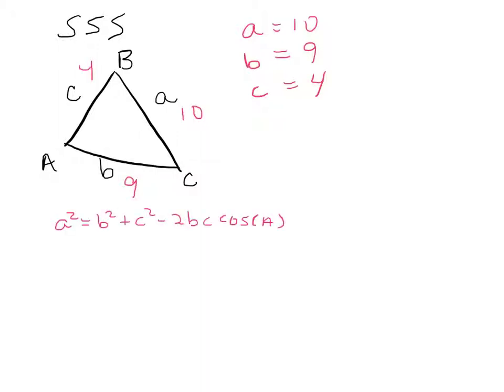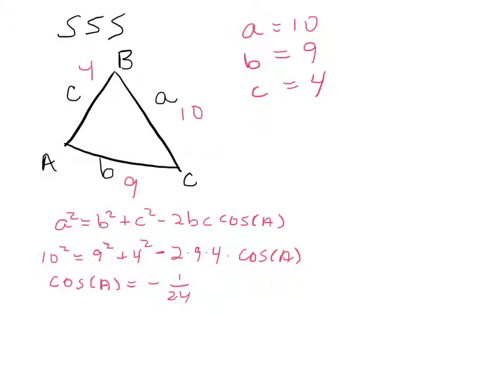So here's one of the versions of the law of cosines. And what we're going to do now is simply plug in everything that we have. So that'll make it look like this. So what we're going to be solving for here is the cosine of A. And if we solve for the cosine of A, we get minus 1 over 24, which means A is going to be in the second quadrant, which means it's going to be an obtuse angle.